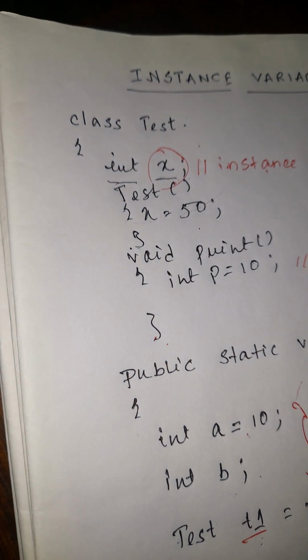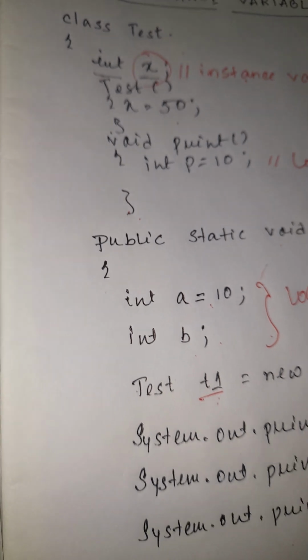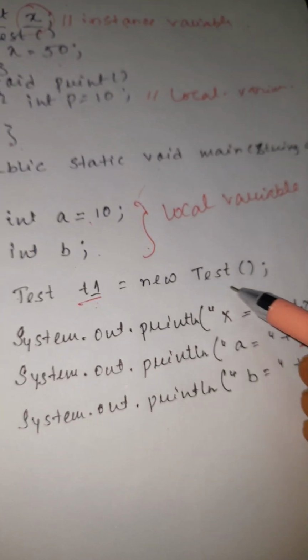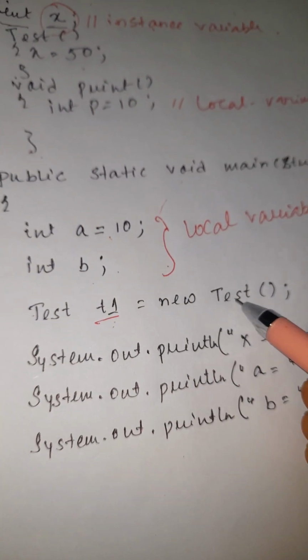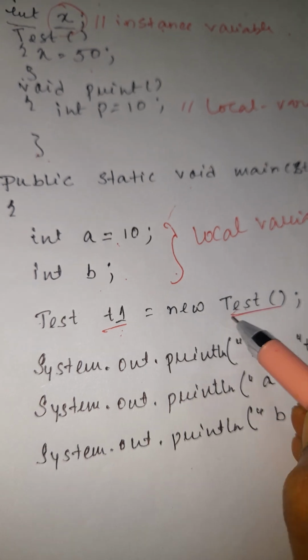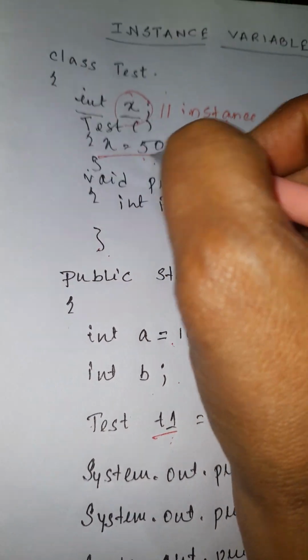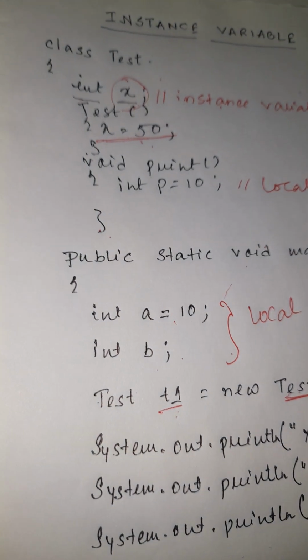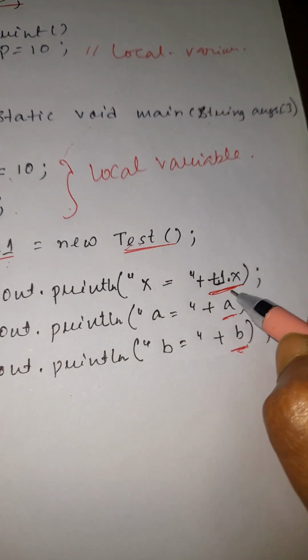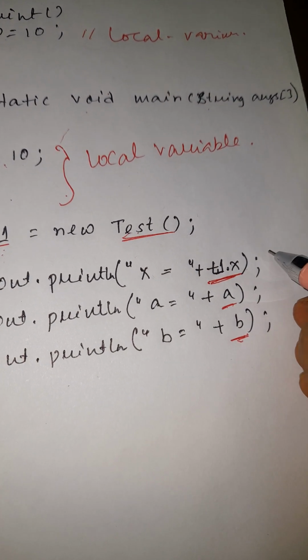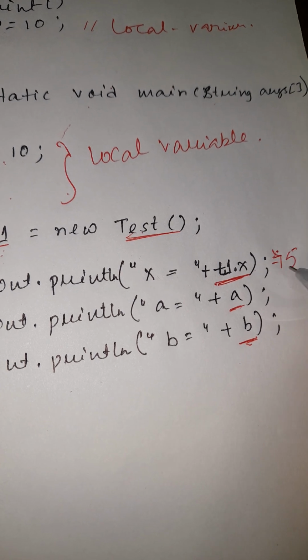Clear? So now when you declare the object new Test, at that time the Test constructor will be called and x will be initialized to 50. Now if you want to print t1.x, then your output will be 50.